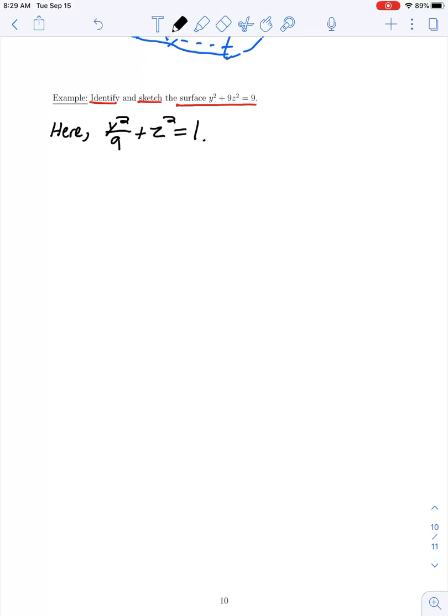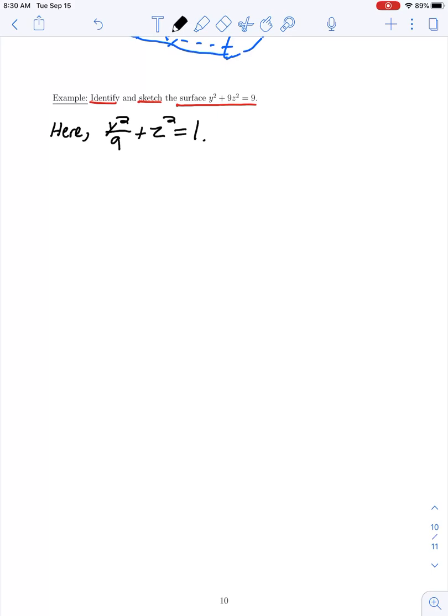So recall from our discussion, we said if we're looking at a surface in space where one of our variables is missing, we have a cylinder. Now to consider what type of cylinder, we would need to examine our cross sections.